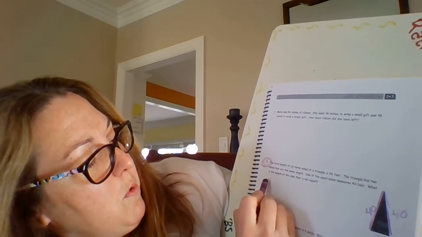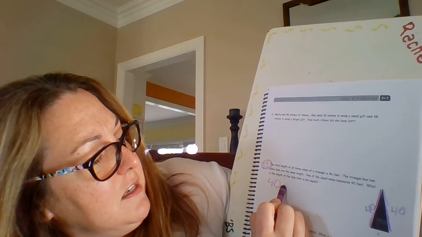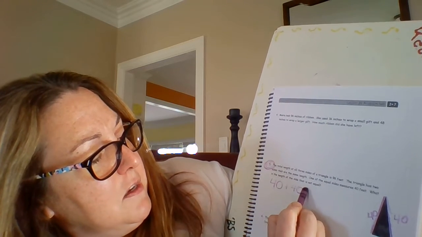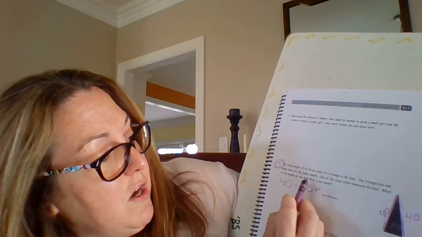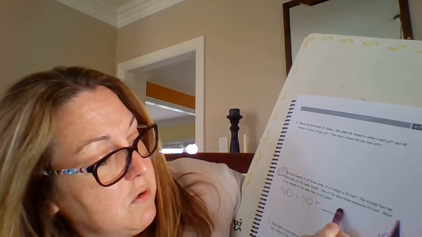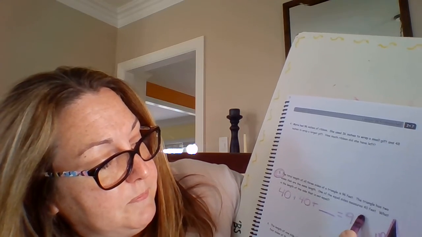But we do know that when we add up 40 feet plus 40 feet plus this side here that we don't know, we know the total. We know the total is 96 feet.